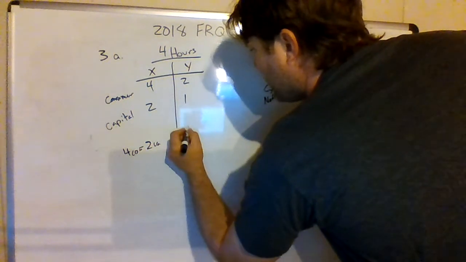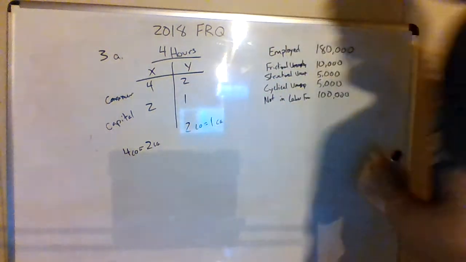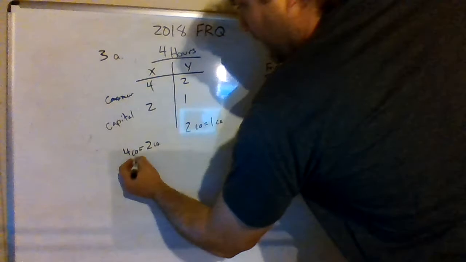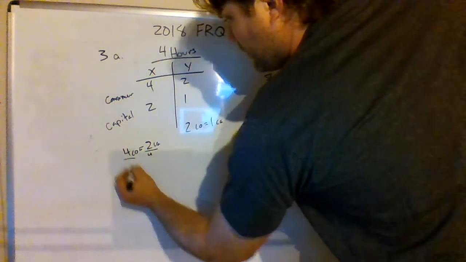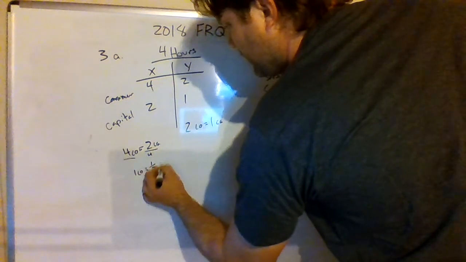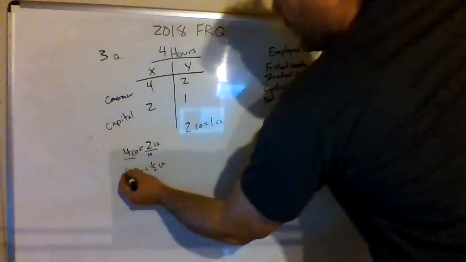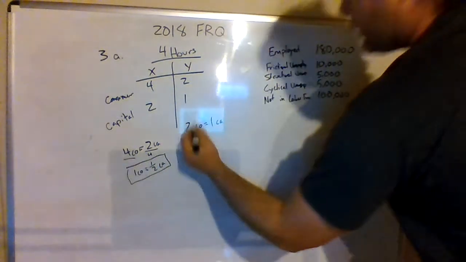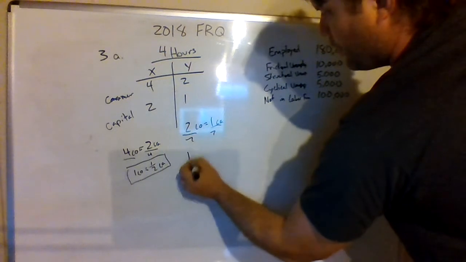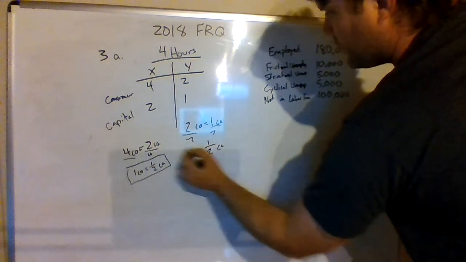And Y, we've got 2 consumer equals 1 capital. We've just got to solve for our consumer right here. So divide by 4: 1 consumer equals 1/2 capital. That's what we've got. I put a box around it so I know what I'm looking at. Over here you've got to divide by 2. We've got 1 consumer equals 1/2 capital.